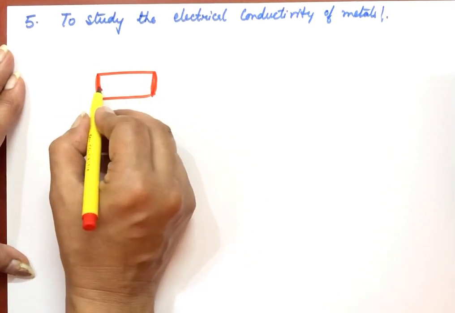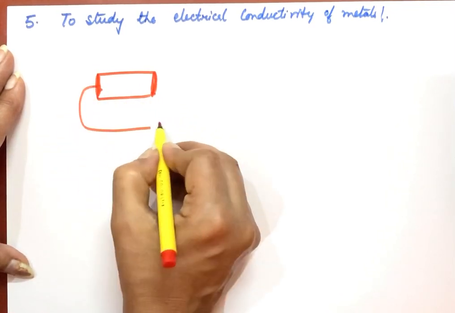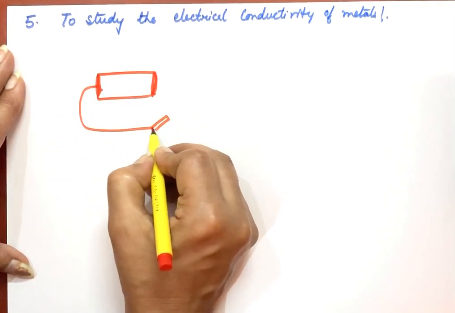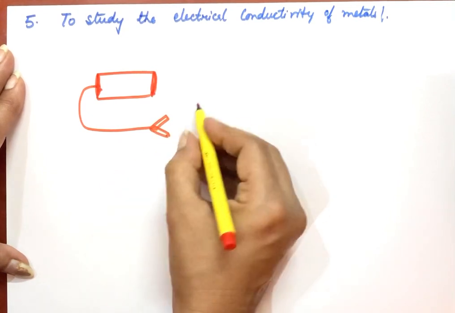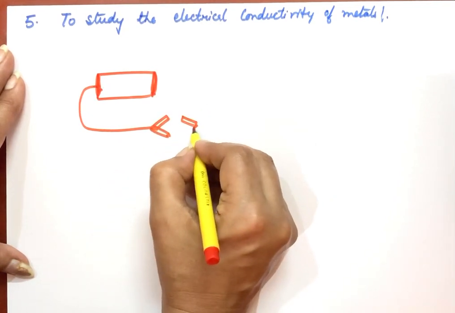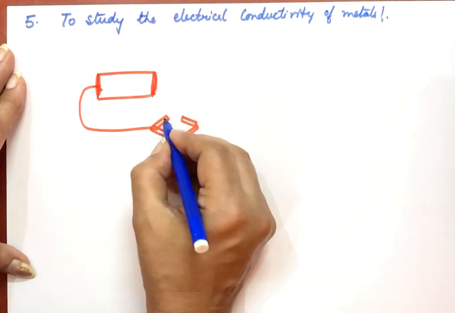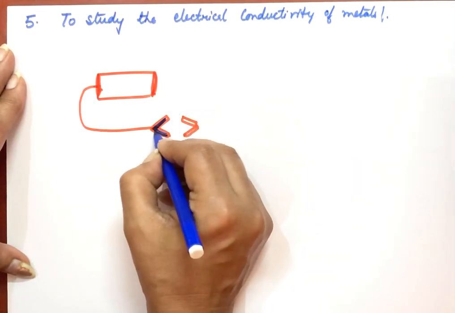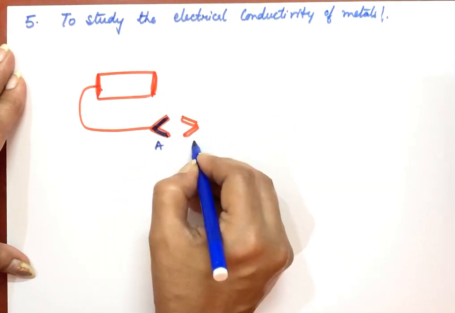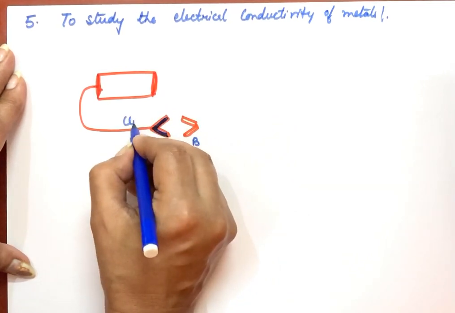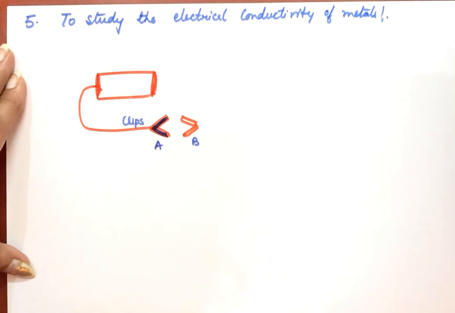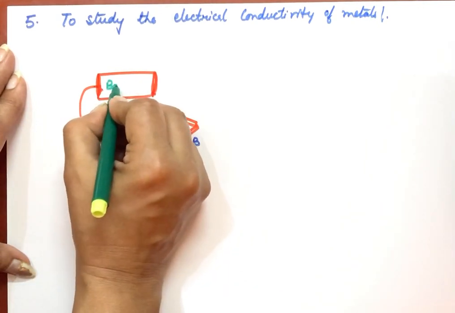And then there's a wire here. This is attached to a clip. Two clips we are taking. One is A clip, one is B clip. So this is A, this is B, and these are clips. This is the battery.